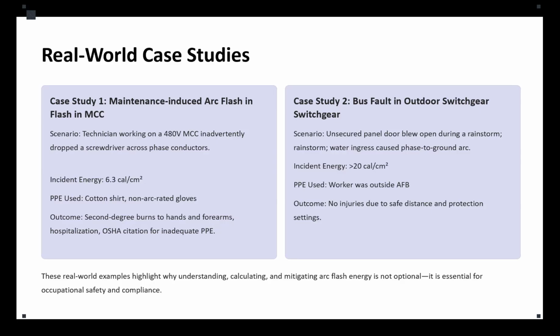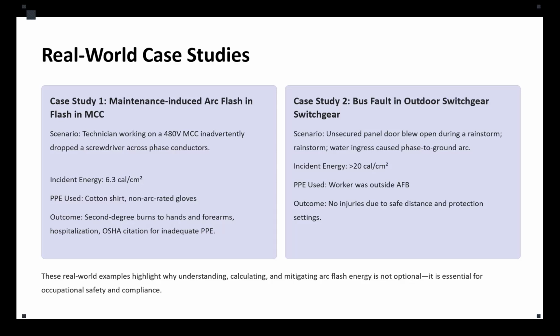Now, based on IEEE 1584 calculations, the incident energy at the worker's chest was approximately 6.3 calories per square centimeter at an 18-inch distance. Okay, this is well above the 1.2 calories per square centimeter threshold for a second-degree burn, and within the range of category 2 arc-rated PPE. We are going to see those definitions later on.